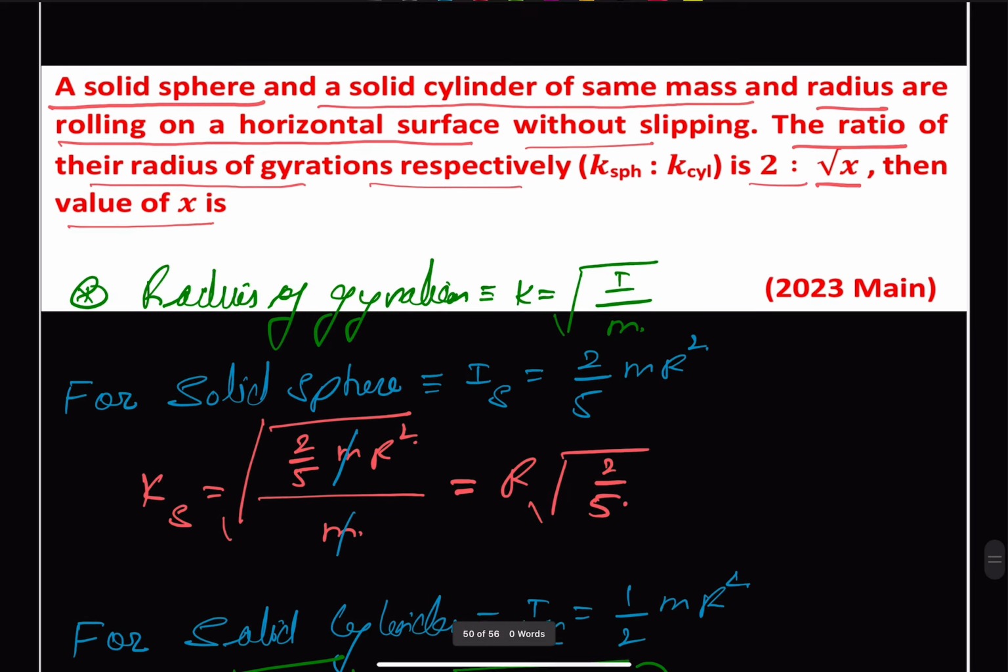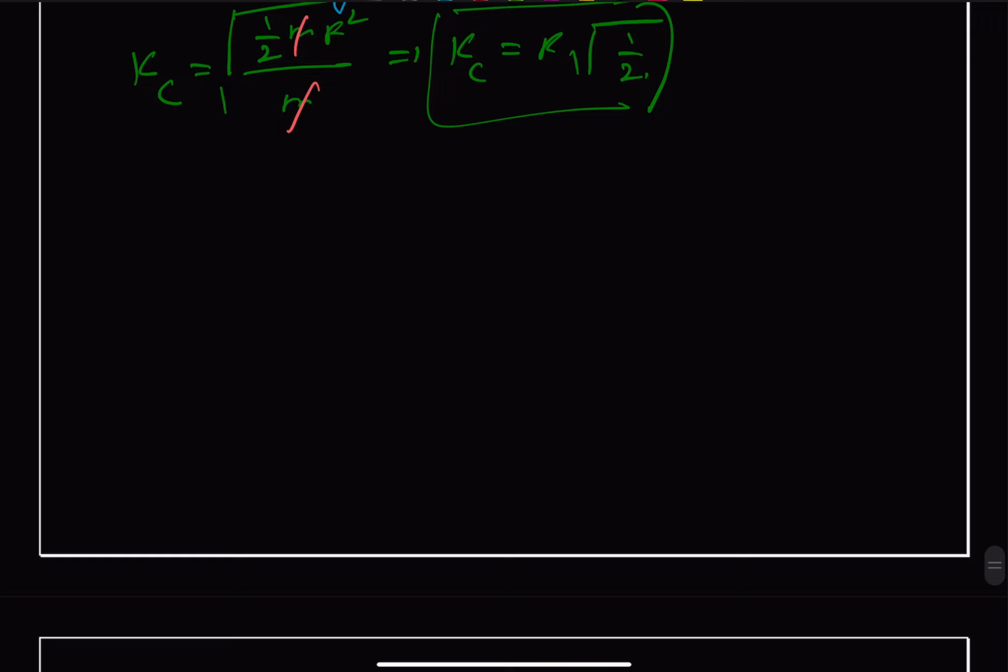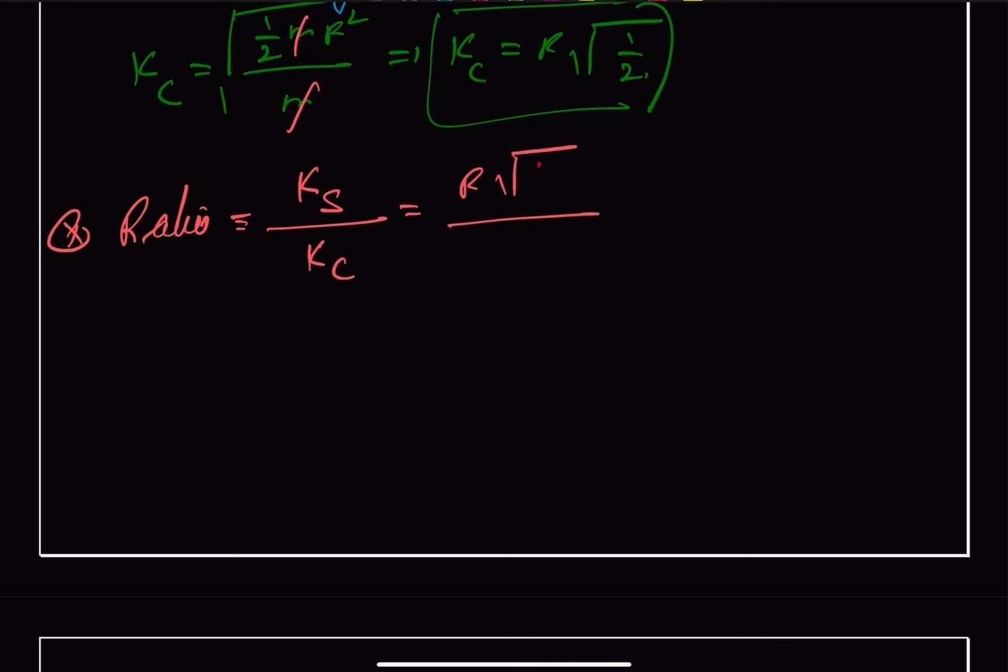And their ratio is said to be 2 to square root of x. So we can say the ratio for sphere to cylinder will be equal to r square root of 2 upon 5 divided by r square root of 1 by 2. R and R cancel out, and this comes as the square root of 2 upon 5 multiplied by 2 upon 1, which gives us the square root of 4 upon 5.